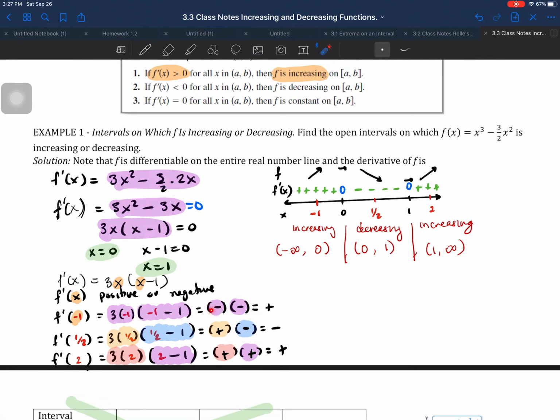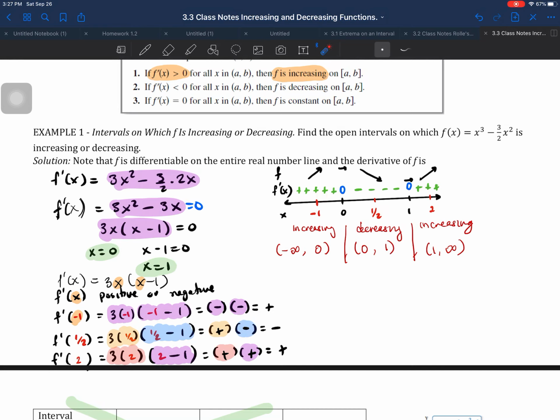So that's my first negative right here. I'm going to multiply it by -1 minus 1, which is -2, but I don't care. I just know that it's negative. Remember that a negative times a negative gives you a positive. So you see here, we didn't actually have to compute or multiply the numbers. All we have to do is multiply the signs. And that's how we got the positive.